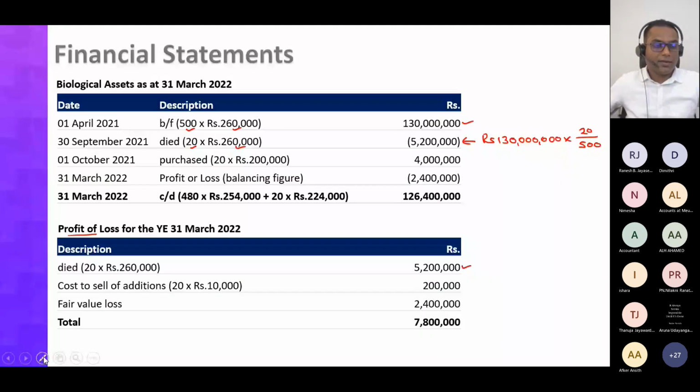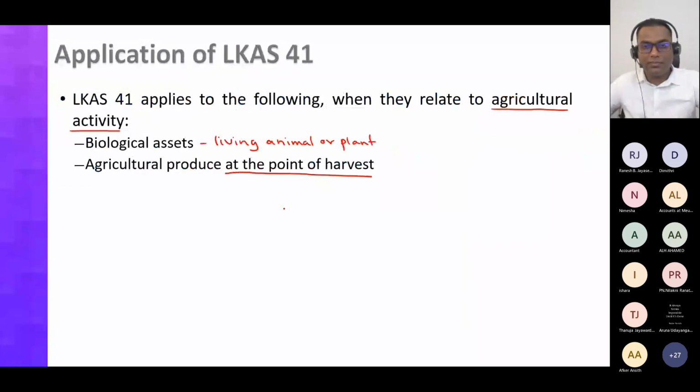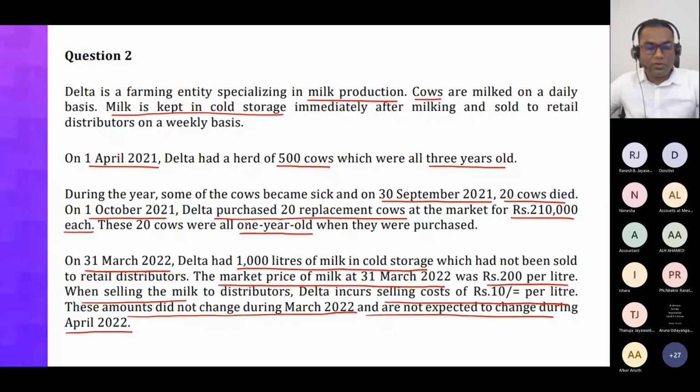So 1st October 2021, the company purchased 20 cows. Go back yet again here. 1st October 2021, Delta purchased 20 replacement cows to replace these 20 cows that died.